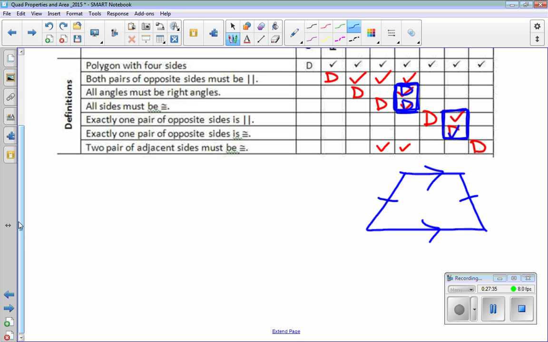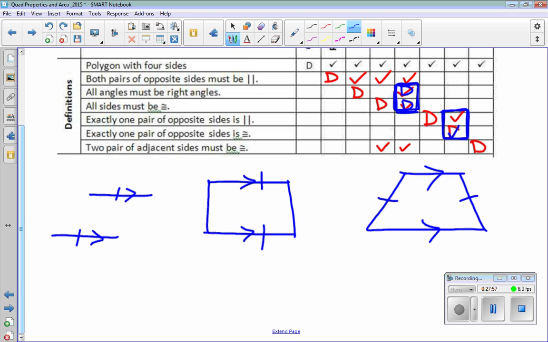What if you did have one pair of opposite sides were parallel? So let's just draw them. And they were also the same length. I wanted to make it a quadrilateral. All right, so there's one example. So same length and parallel made it a quadrilateral.